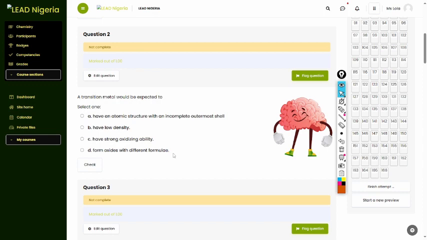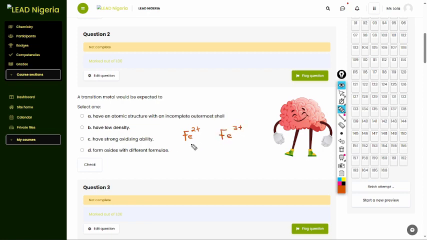Then D. Form oxide with different formulae. For this to happen, it means that the atom or the element can form multiple oxidation numbers, such that when it combines with oxygen, we can have different formulas for the oxide. An example of that would be iron. Iron is a transition metal and it can form an oxidation state of +2 and also an oxidation state of +3.